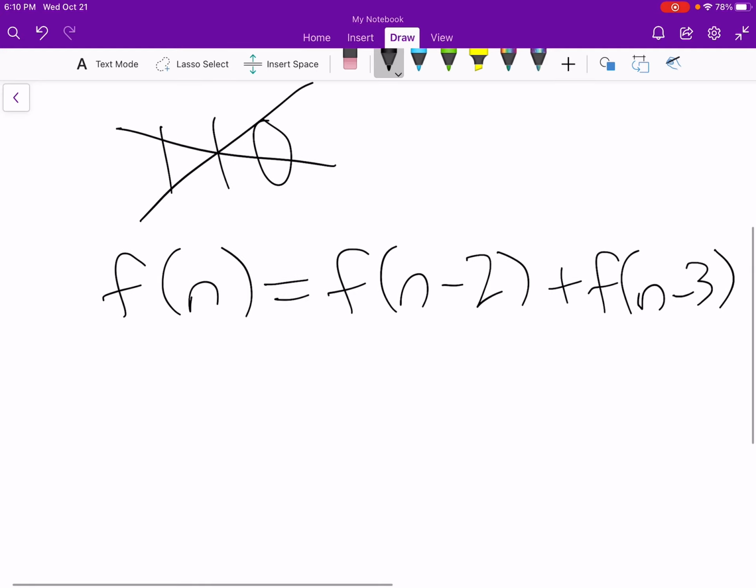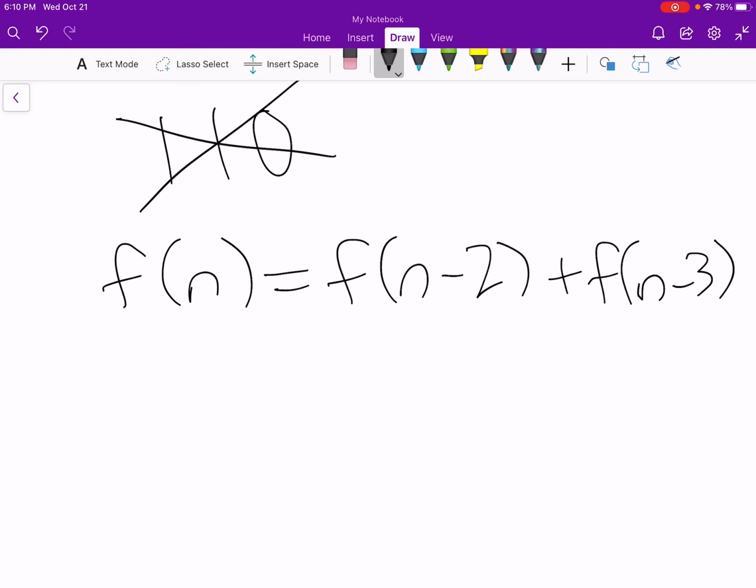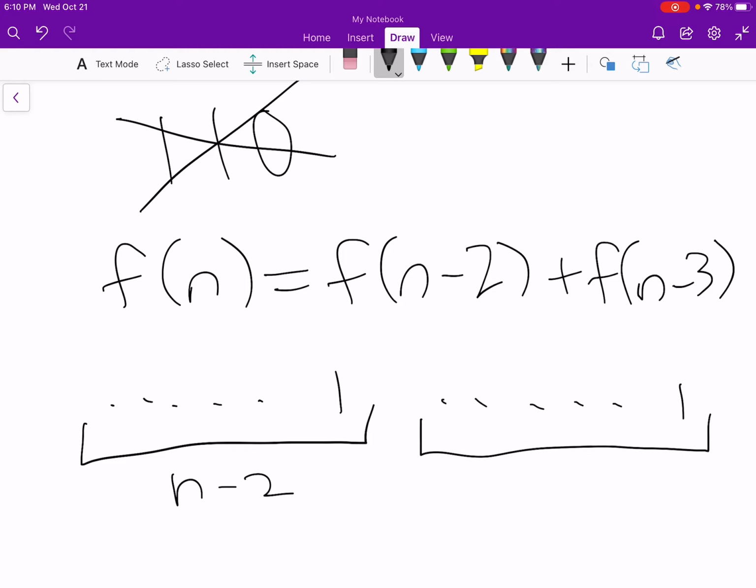Why does this work? Consider a valid string of length n-2 and another valid string of length n-3, both of which end in 1. So for example, ...1, and in total there are n-2 characters here, and another one, ...1 with n-3 characters.